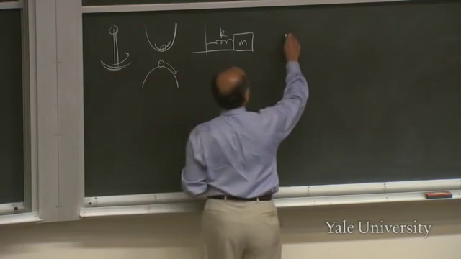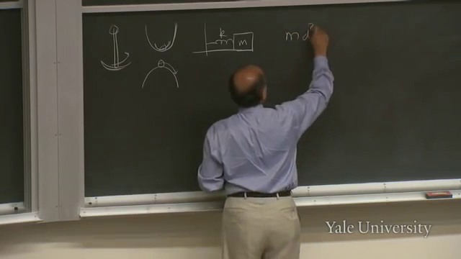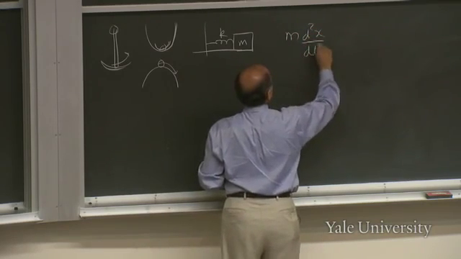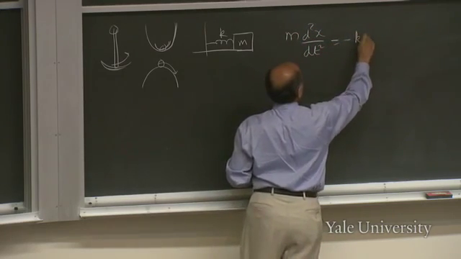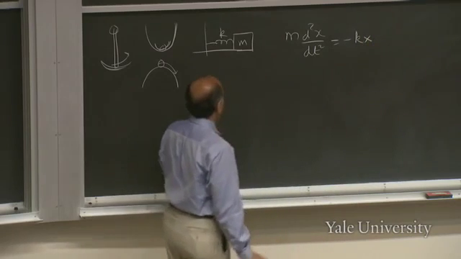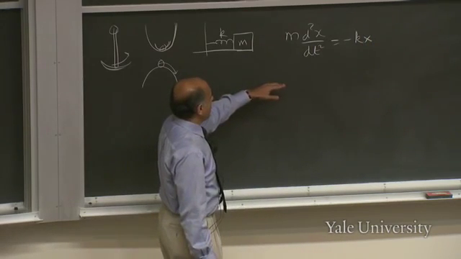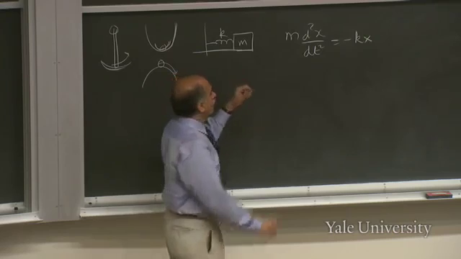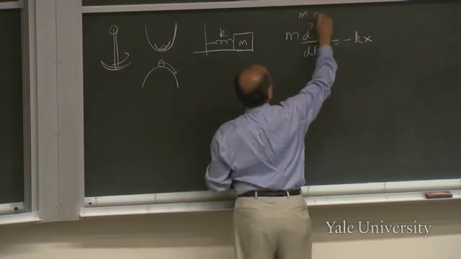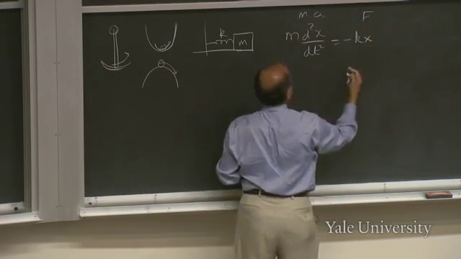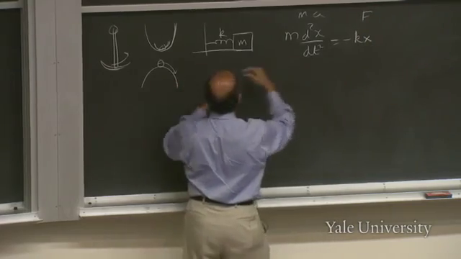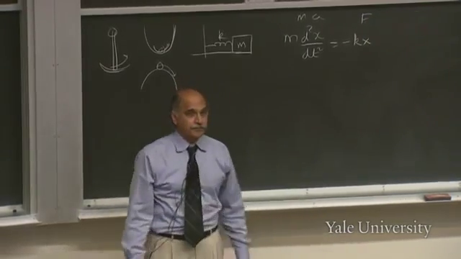And in the case of the mass and spring system, the force, ma, is equal to minus kx. And what this equation tells you is, if you stray to the right, x is positive, I'll apply a force to the left. Remember, this is ma and this is F. The F is such that it always sends you back to your normal position.